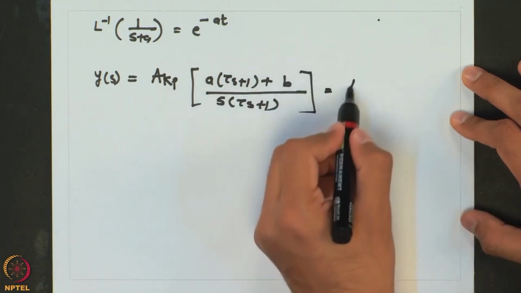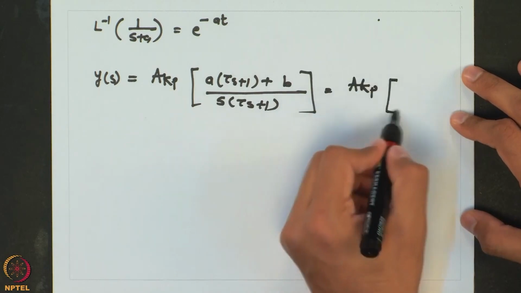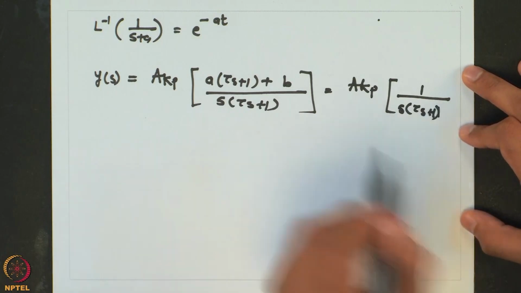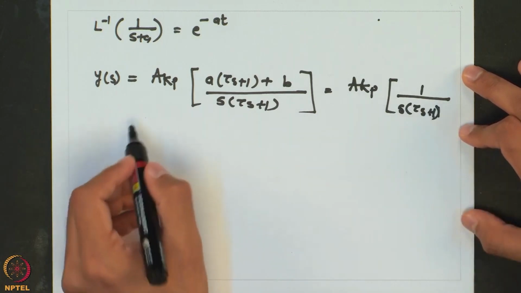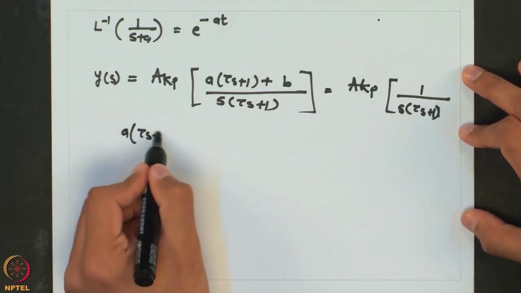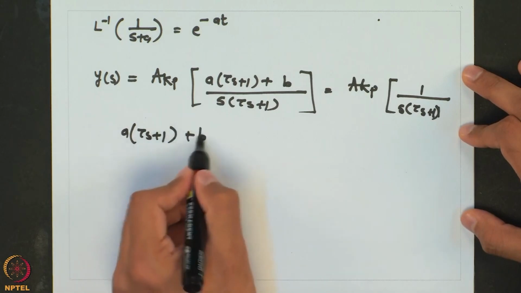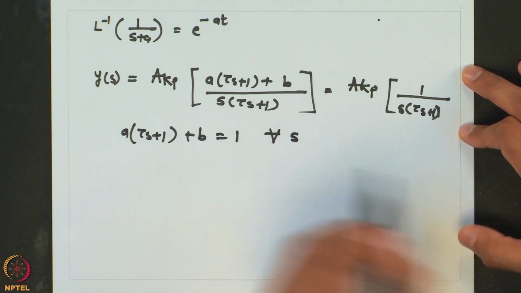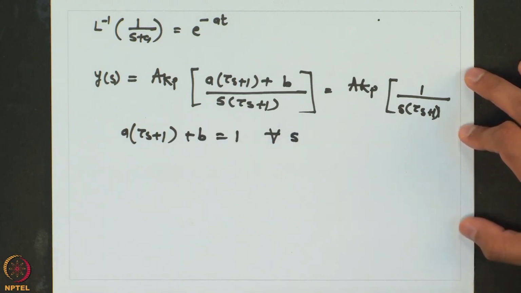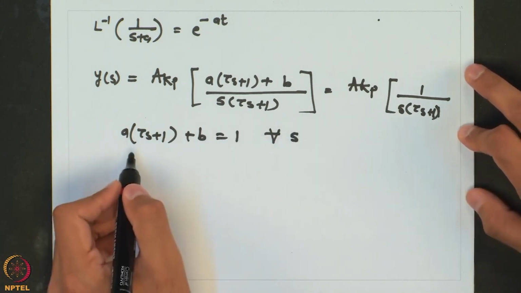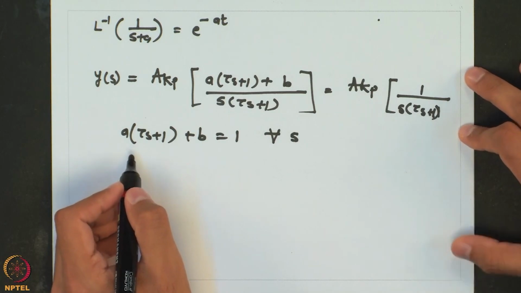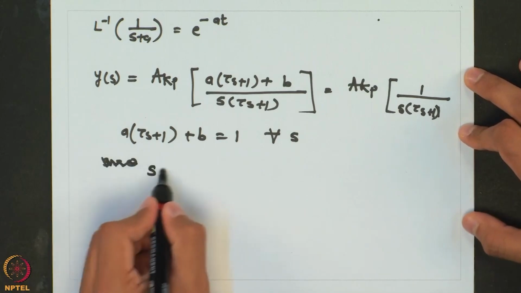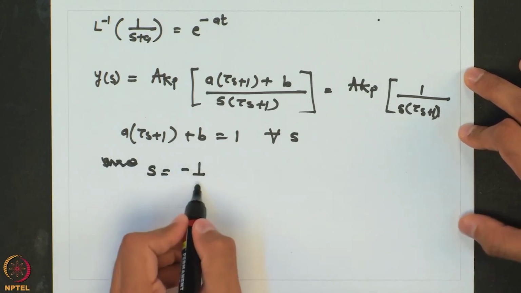Which has to be equal to A Kp 1 over s (tau s plus 1). So, we can write a times (tau s plus 1) plus b s has to be equal to 1 for all values of s. So, in order to get any coefficient, we can simply substitute appropriate value of s. Let us put s equal to minus 1 over tau.